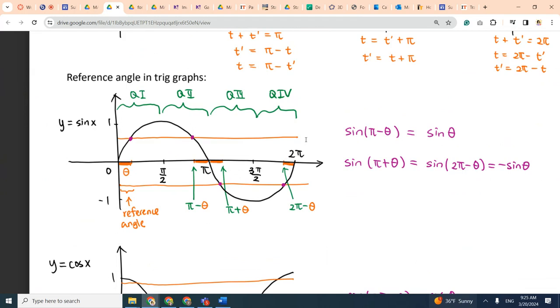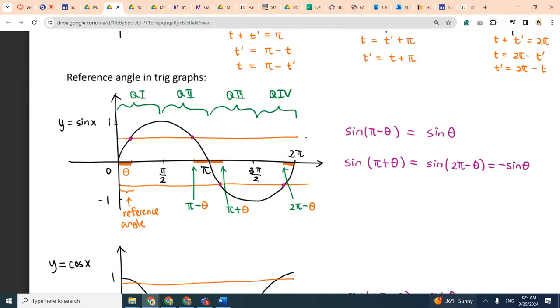And 1/2 corresponds to pi over 6, right? Then this is going to be pi plus the reference angle pi over 6, which is 7 pi over 6. Is that okay, everybody?